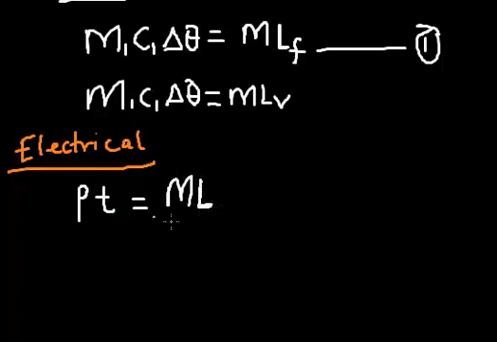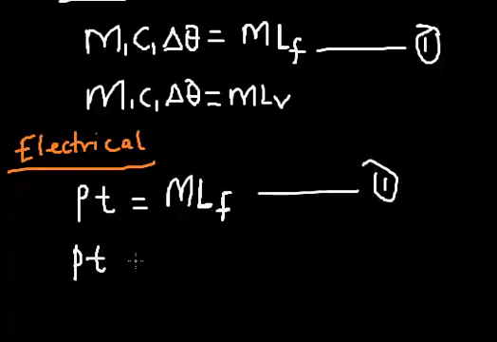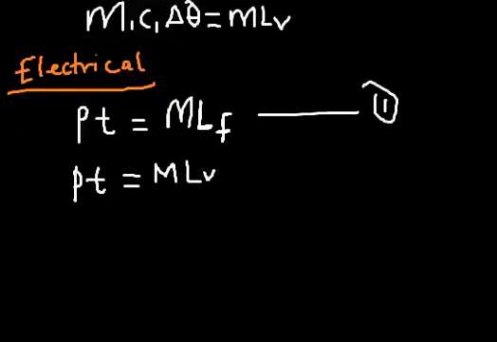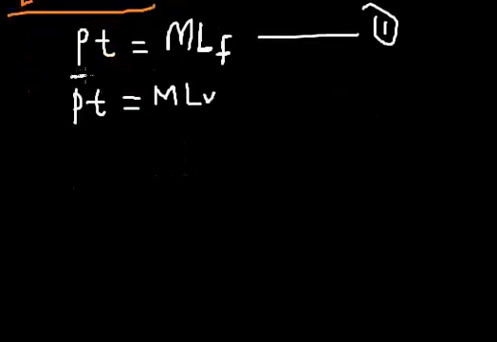So if we are dealing with electrical heat energy supplied to melt a substance, that's going to be MLF. If it is electrical heat energy that is supplied to vaporize the substance or boil it, that's going to be MLV. So in either case, it's still the same principle. And you know very well that the formula, power times time, can also be given as IVT.